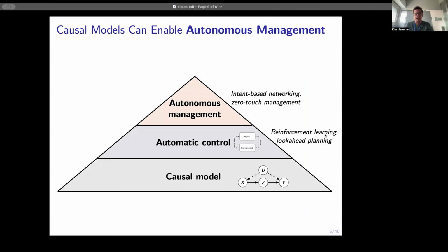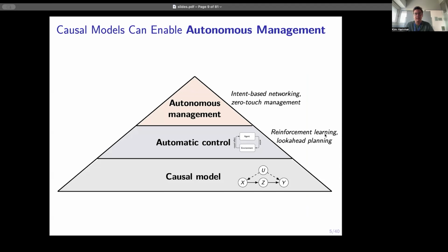During operation of this system, we are monitoring various system variables, like the CPU utilization, the load, the response time, the memory usage, etc. Through this monitoring, we obtain a lot of measurements in real time, and those measurements are then used to identify the causal model through statistical learning techniques.